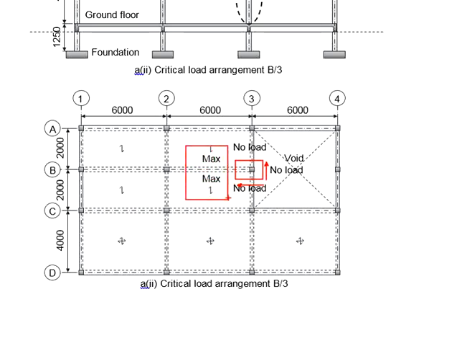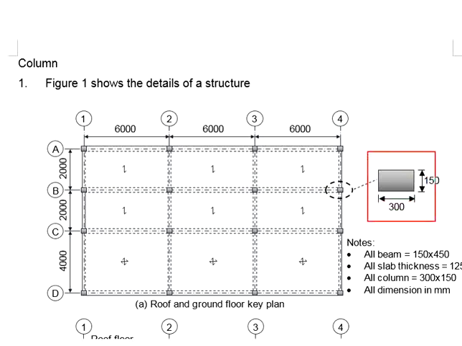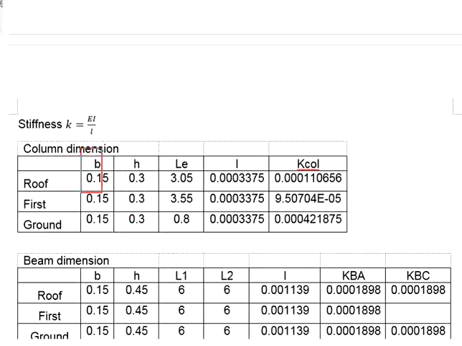Based on the locations of the loop, you know that the bending will be towards the major axis. When the bending is towards the major axis, that means the H will be the longer span of the column. The column size is given 300 times 150. That gives you 150 times 300. The H will be 300.